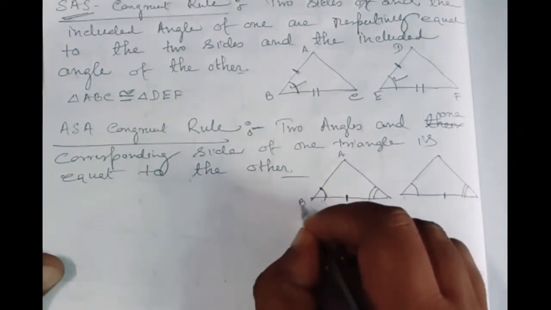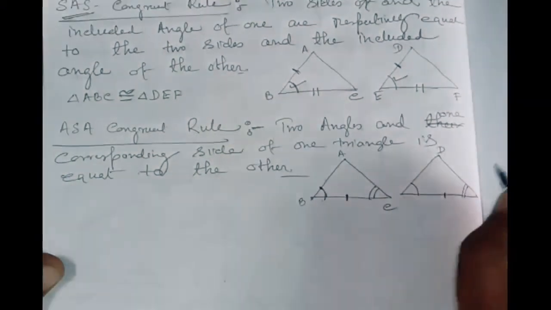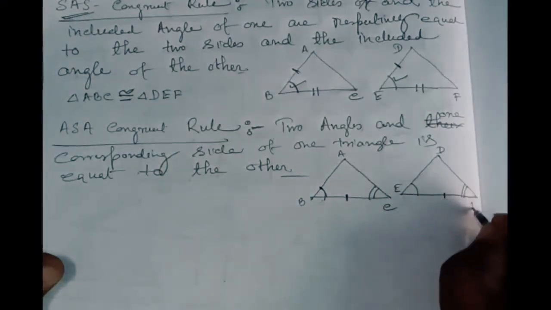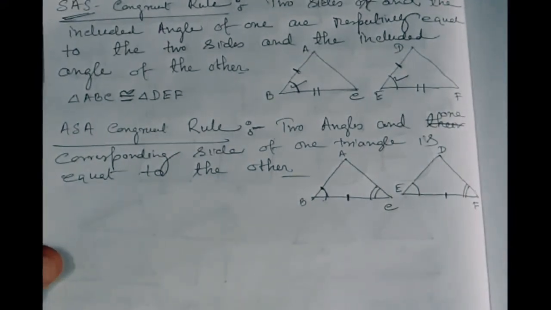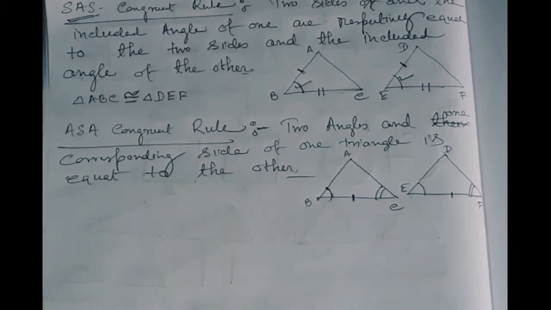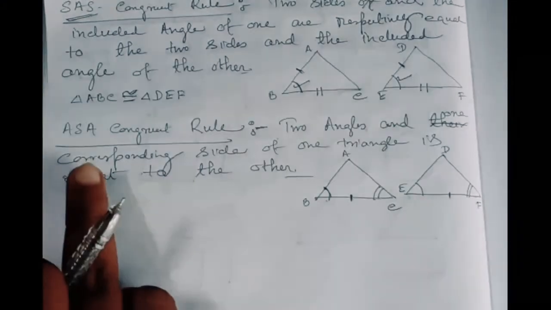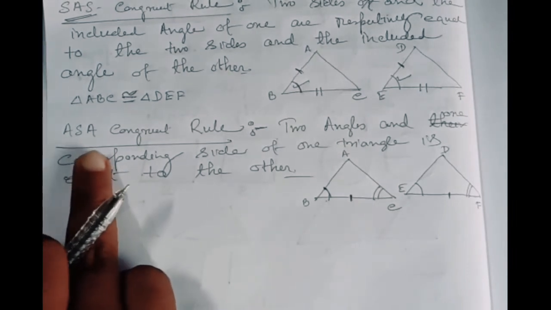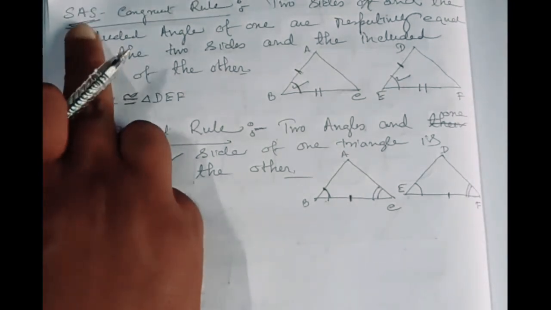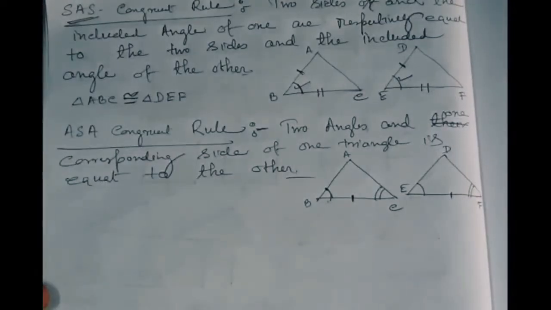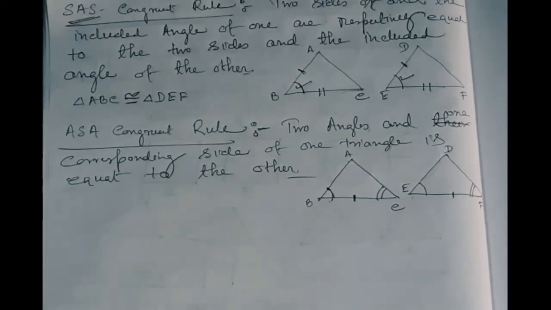If we name it ABC and this DEF, then we can say that they are congruent to each other by the angle side angle congruence rule. This is angle side angle, this is side angle side, okay, and the first one is the side congruence rule.